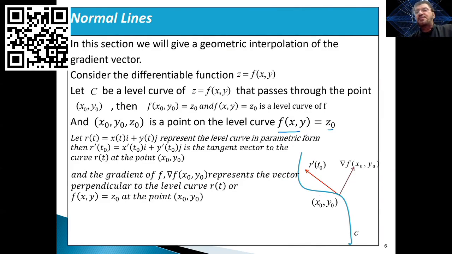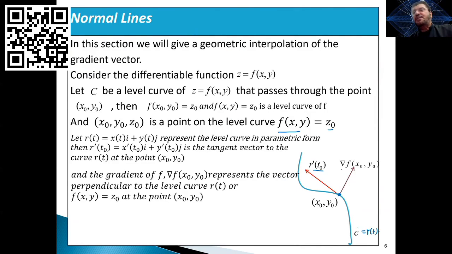I'm going to represent my curve c as r of t, guys. Then on this curve, I'm going to take the vector that is tangent to this curve at this point. We call it r prime at t naught.